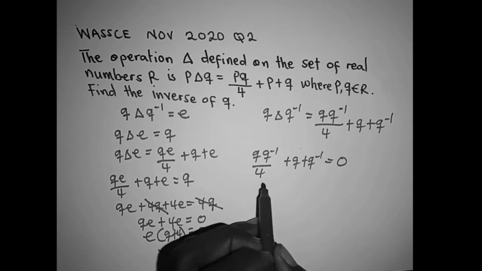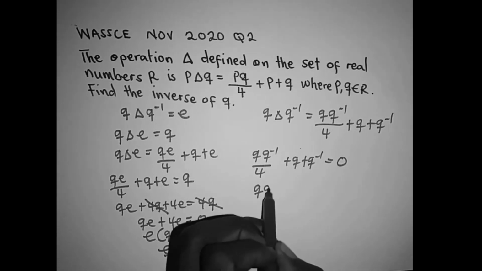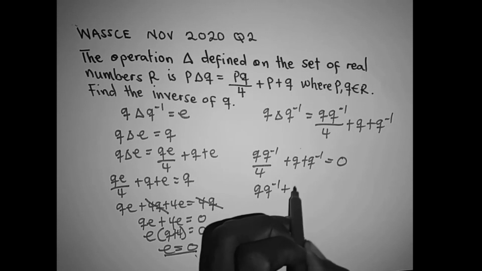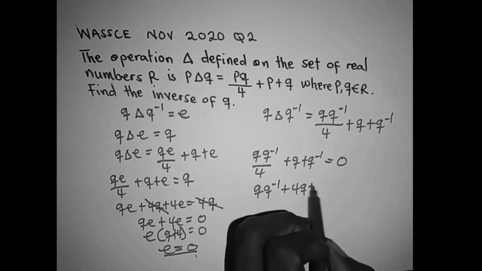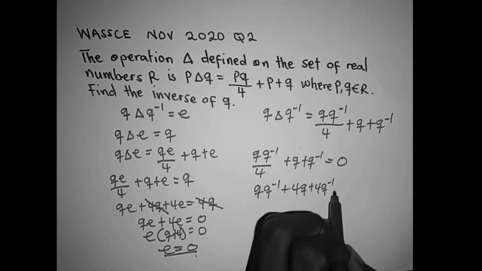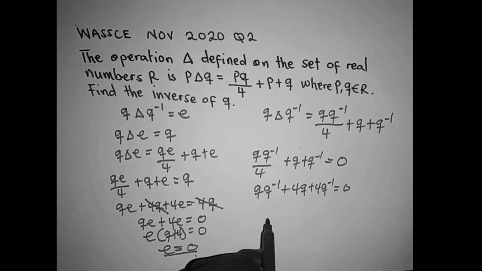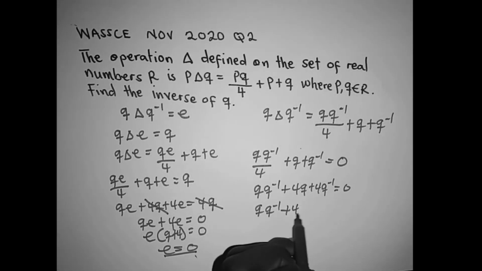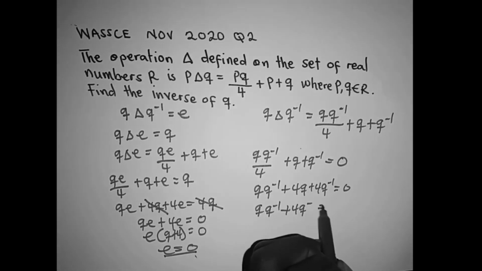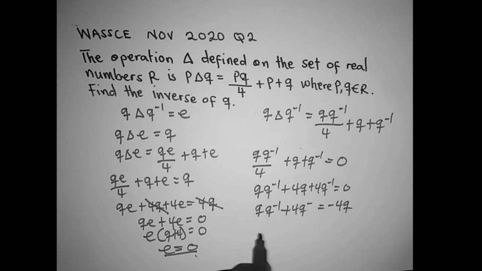So we'll multiply through by 4. So we'll get Q Q inverse plus 4Q plus 4Q inverse equals 0. So we'll make Q inverse the subject. Q Q inverse plus 4Q inverse equals minus 4Q.